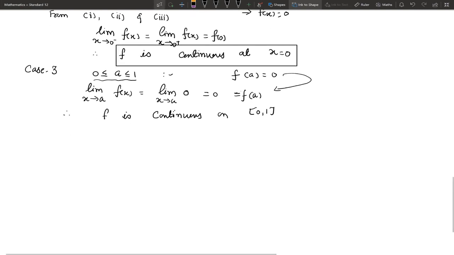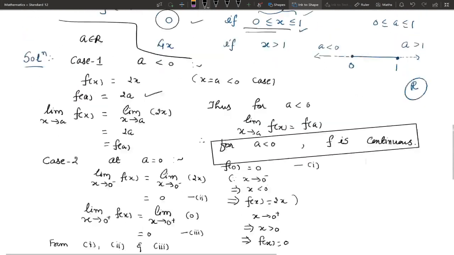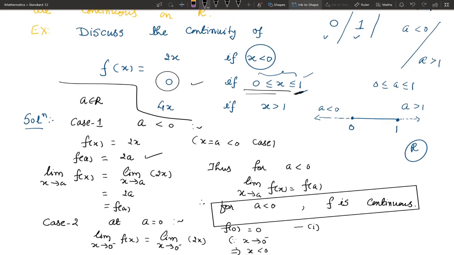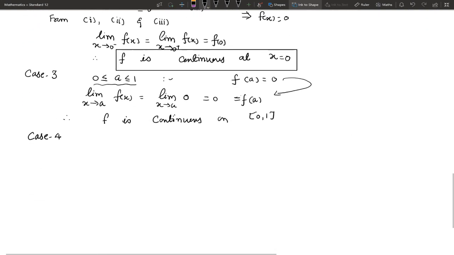Now we consider case 4. We check the continuity at x equal to 1. So we consider the case a equal to 1.